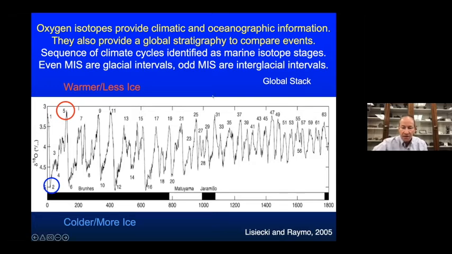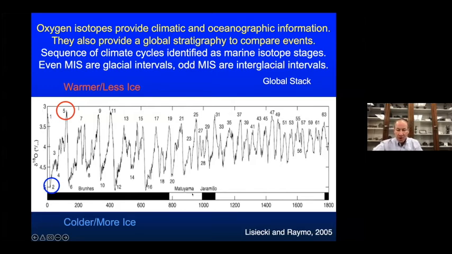And this is a flipped over plot of the last 1.8 million years, with time running from your right to your left. And the delta O18 axis has been flipped so that high values are at the bottom, low values are at the top.